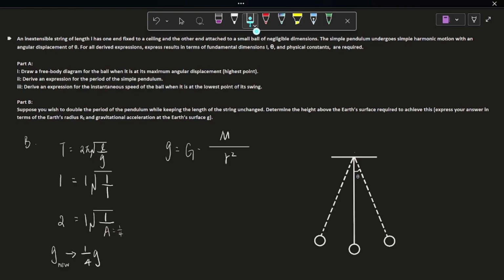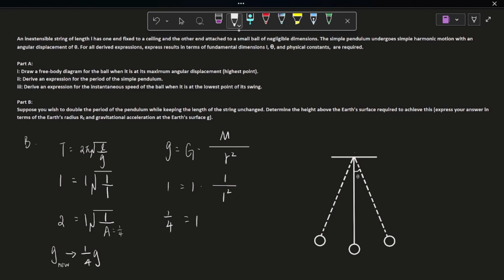So now let's use one's method again. So this is 1, right? Because it doesn't change. G doesn't change. It's a constant, right? It will not change at all. The mass of the planet will not change, so it's still 1. R squared will not change for now, so it's 1 squared. Now the g becomes a quarter of its original value. So now it becomes 1/4.